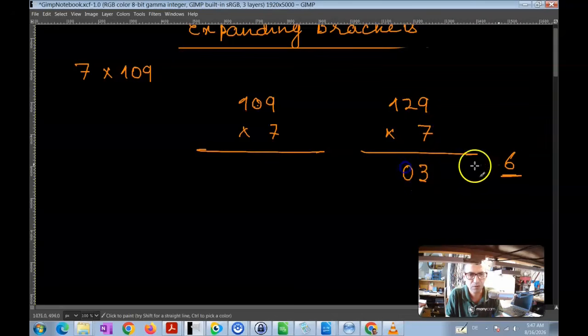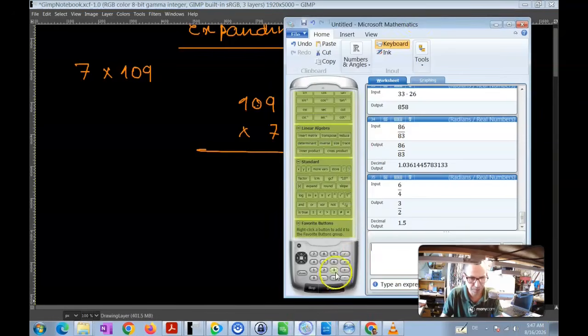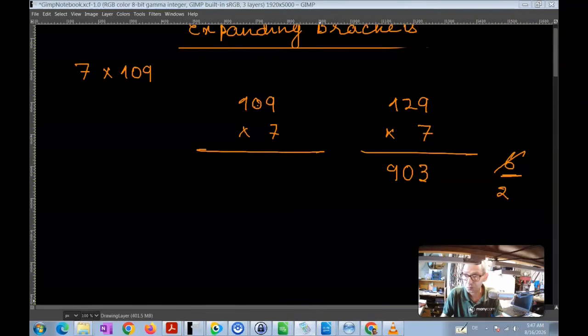So then I put the 0 over here and then the 2 over here, right? And then 7 times 1 is equal to 7, and that's a 903, right? And 129 times 7 is actually a 903, right?